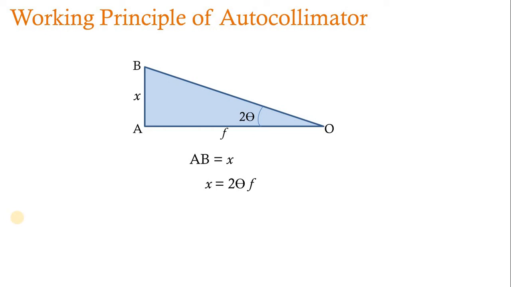But if the reflector is moved too far back, the reflected rays will completely miss the lens and no image will be formed. Thus, for the full range of readings of the instrument to be used, the maximum distance of the reflector is limited. For high sensitivity, that is, a large value of X for a small angular deviation theta, a long focal length is required. So this is the working principle.